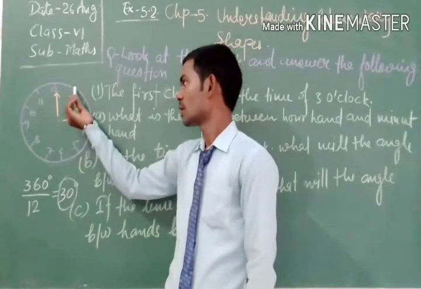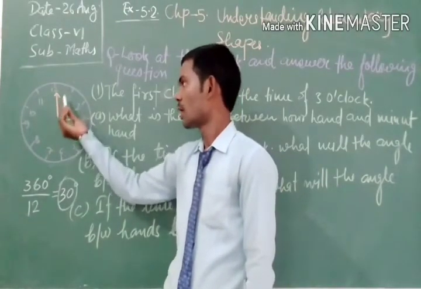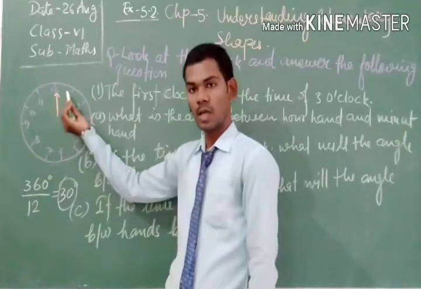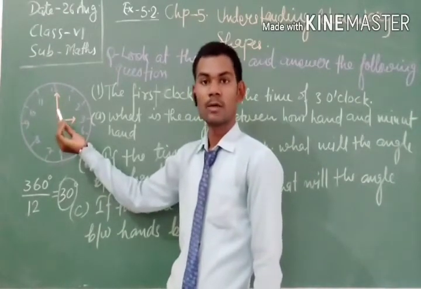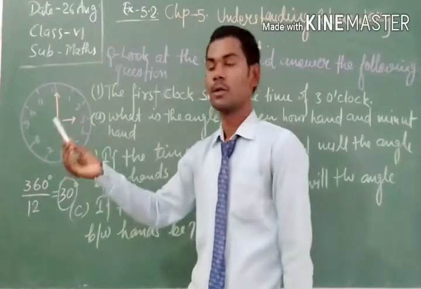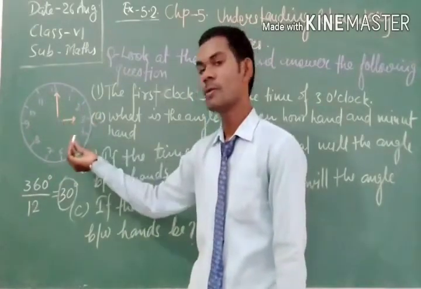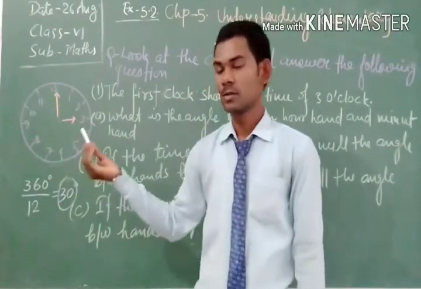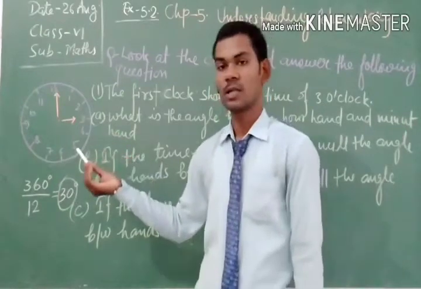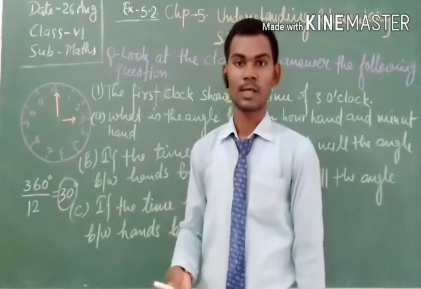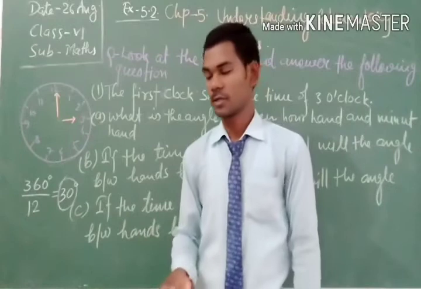As we know, the angle of one part is 30 degrees. So if it moved three parts, the angle formed is 90 degrees.